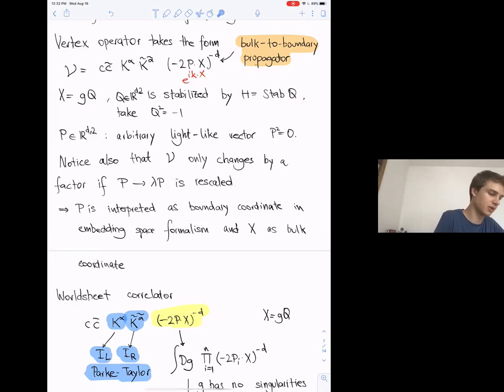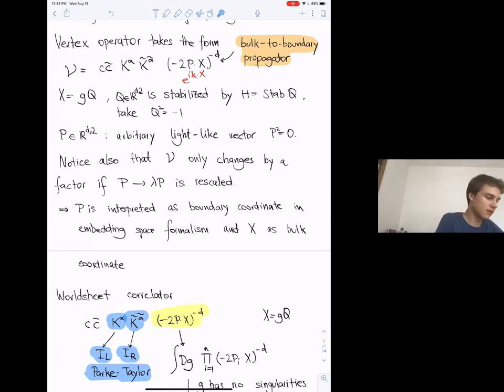I call that vector q and normalize it such that q squared is -1. So X is also now a vector, but it's really a field on the worldsheet still. Basically, we need to look at that combination because we want this vertex operator to be invariant under right multiplication by the subgroup, because we gauge that. So that's why only this combination appears.